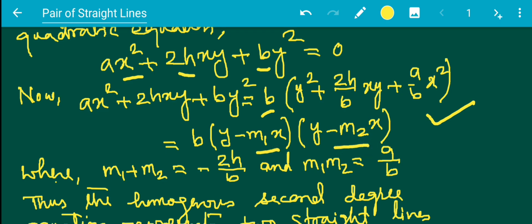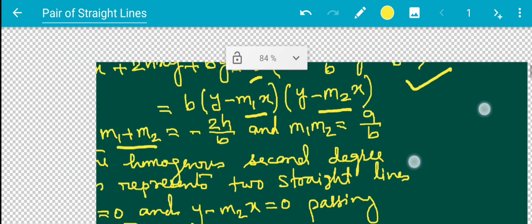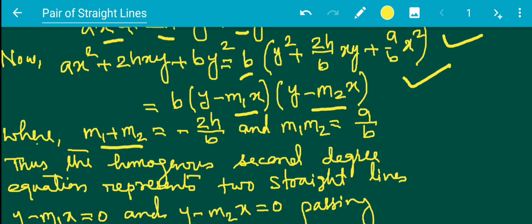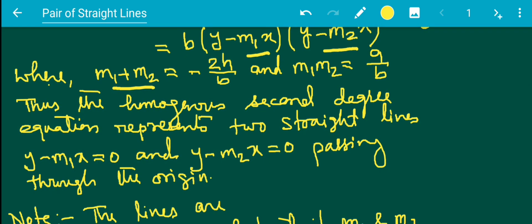So on simplifying and comparing it with this equation, you can easily see that m1 plus m2 is minus 2h by b and m1 m2 is equal to a by b. Thus the homogeneous second degree equation represents two straight lines, y minus m1x equal to 0 and y minus m2x equal to 0, and clearly these two straight lines pass through the origin. Clear?